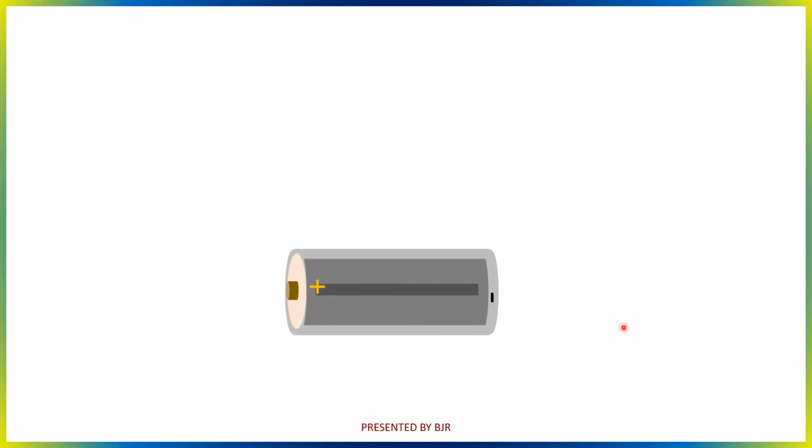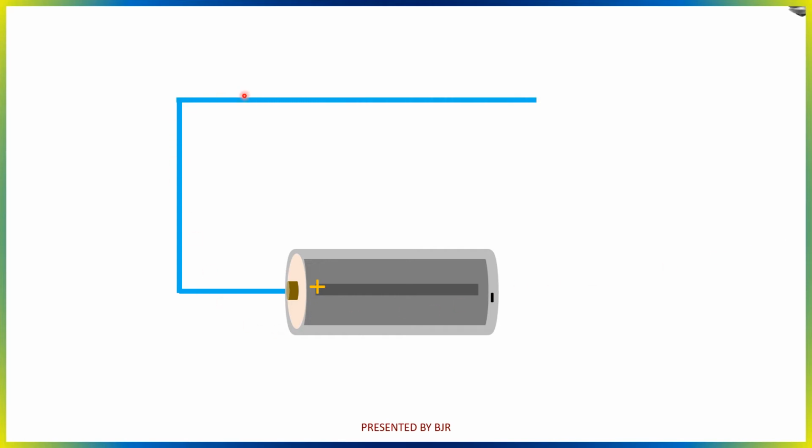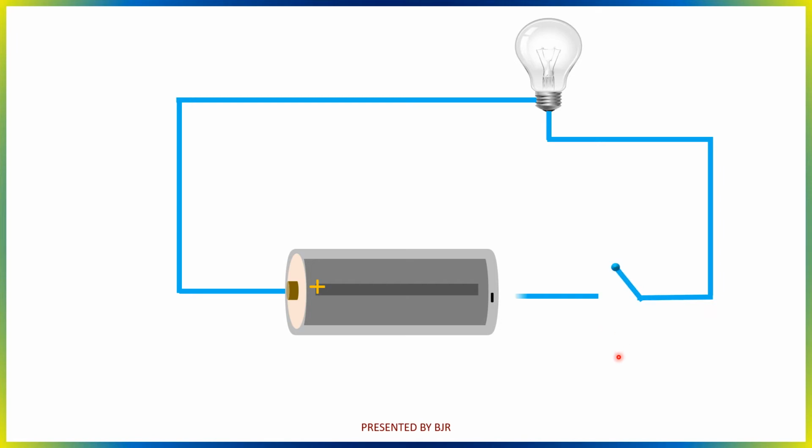Here I am going to define electron current. You can see once again, this is a battery. Here I am going to connect a bulb to the battery through the wires.